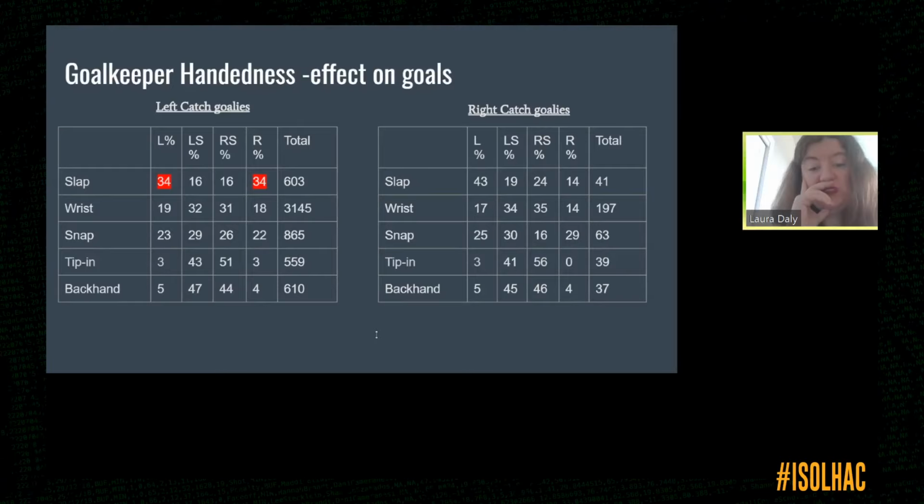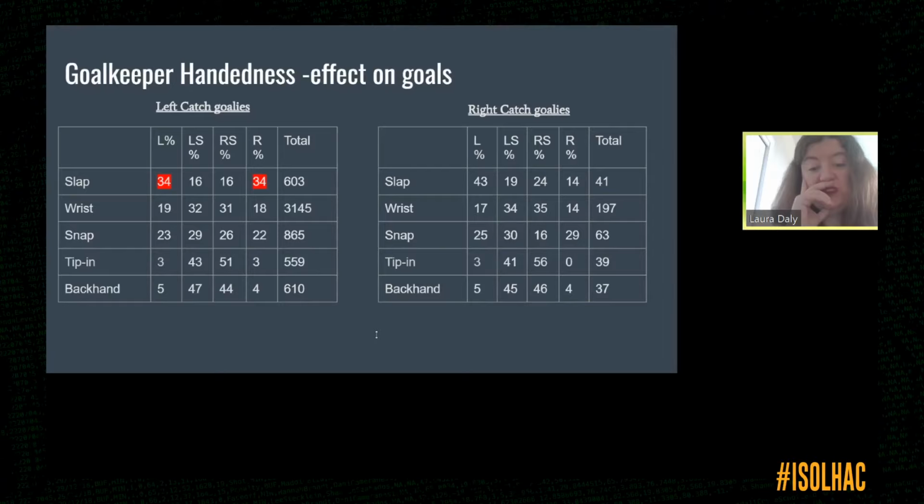So for the majority of goalies in the NHL, there seems to be a slight advantage to shots from the right-hand side against them, which might account for some of what we're seeing. The average conversion for both left and right catch is about 10%.